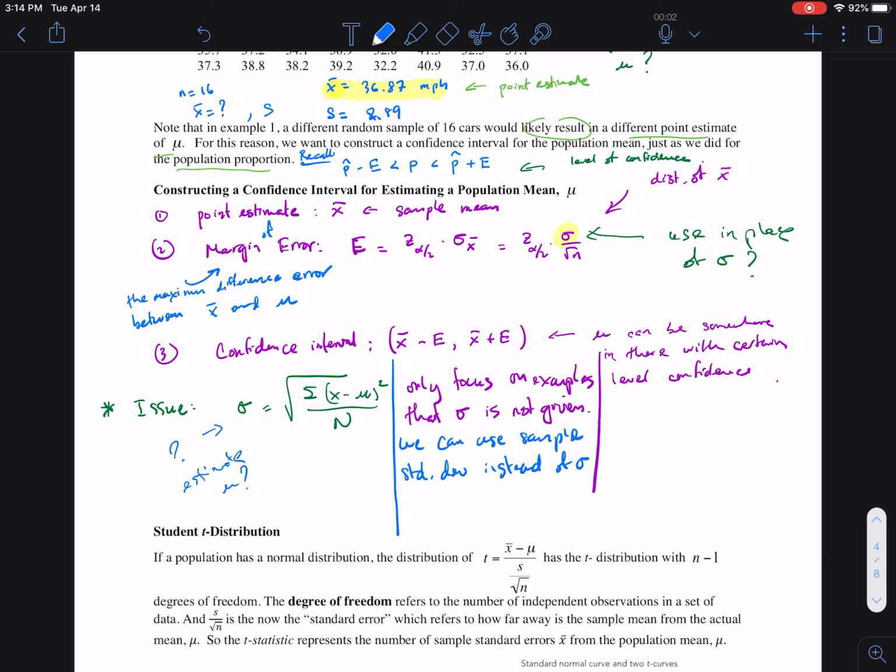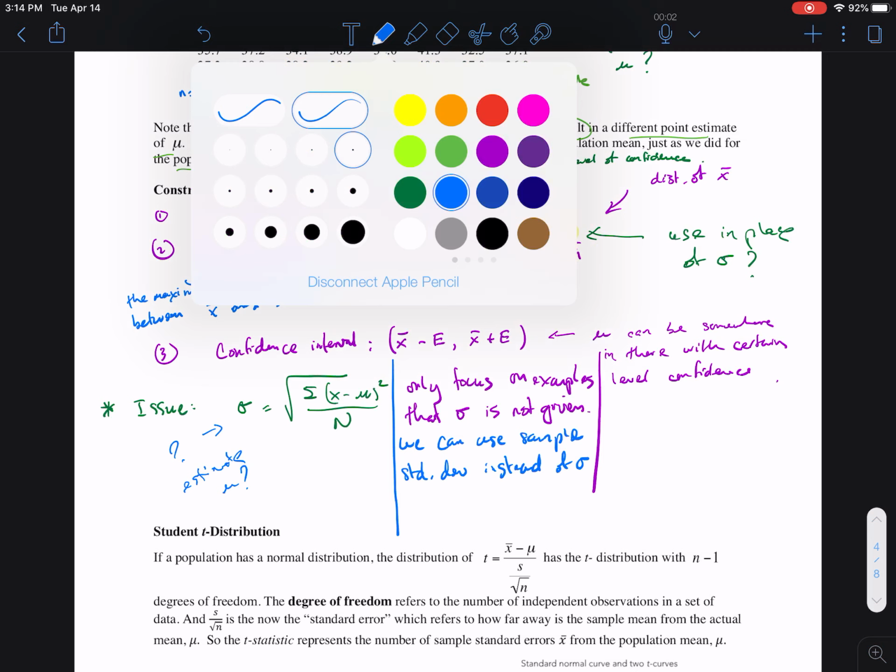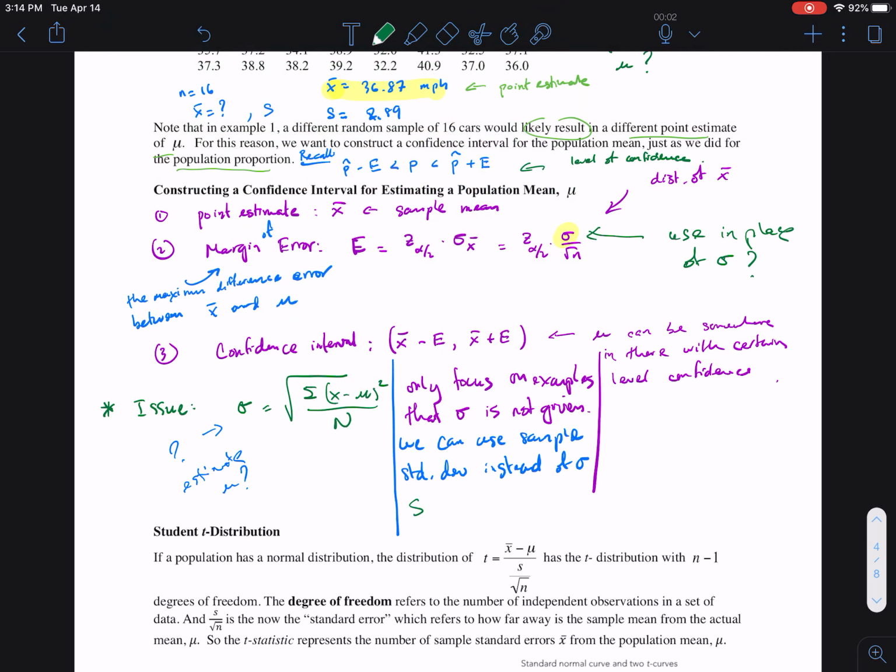A lot of those choices come with some uncertainty, but we feel a certain level of confidence, a certain probability of guessing right. So there's always some uncertainty when it comes to data values. But this is probably our best bet, to use S in place of sigma.